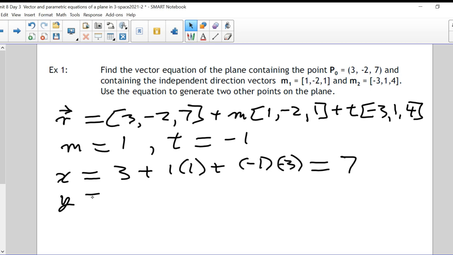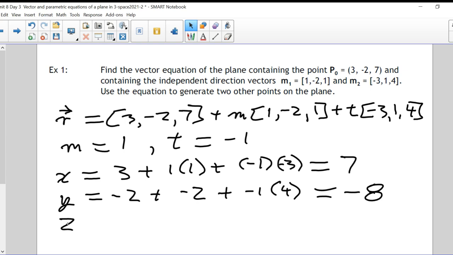And in your y value, very simply, it asks us to generate two other points. I'm just going to do one because once I've done one, I'm sure you can figure out how to do another one. So it's -2 plus -2. I'm going to multiply that by 1. So it's just going to give me -2 plus -1 times 4. Okay. And that's going to give me -4, -8.